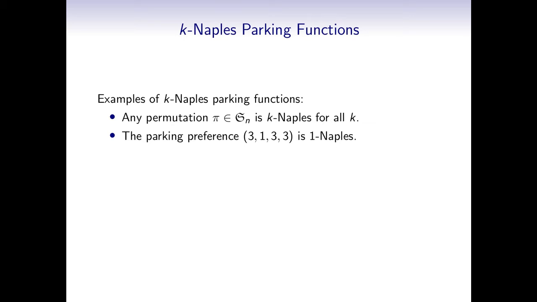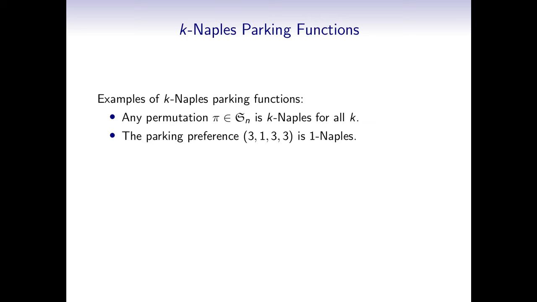So the first car comes in, and it wants the third parking spot. But none of the spots are taken, so it just parks. Then the second car comes in, and it wants the first parking spot. That's also not taken, so it just parks. Then the third car comes in, and it wants the third spot. But the first car has already parked there.